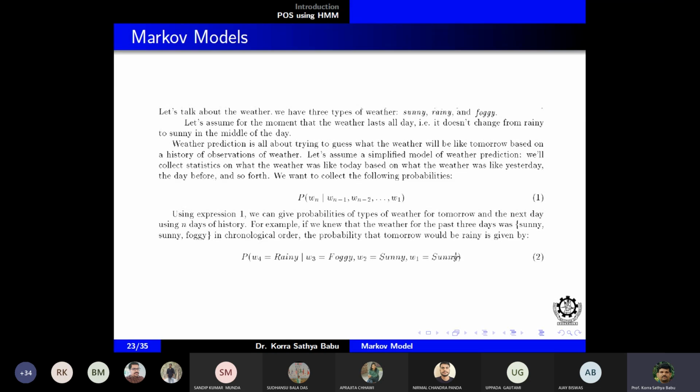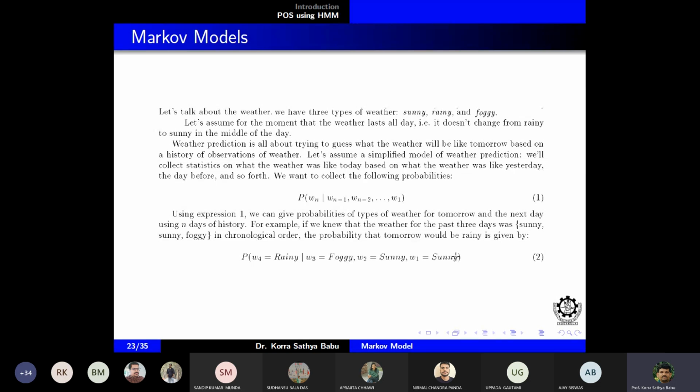We assume that when a weather occurs in the morning, it remains the same till the end of the day. It doesn't change from rainy to sunny, or foggy to sunny or rainy, in between. That's our basic assumption for this example.